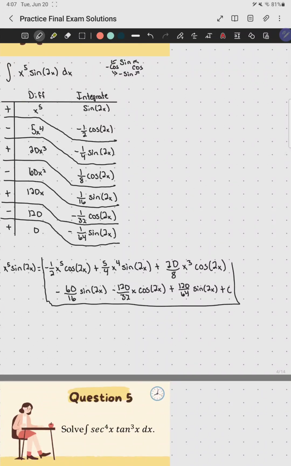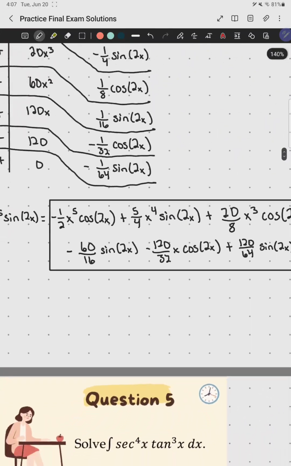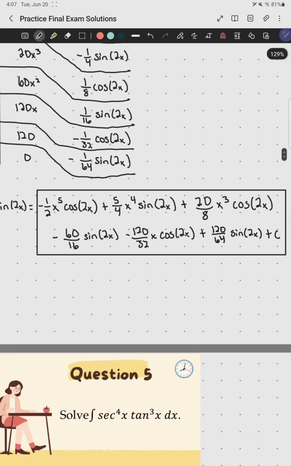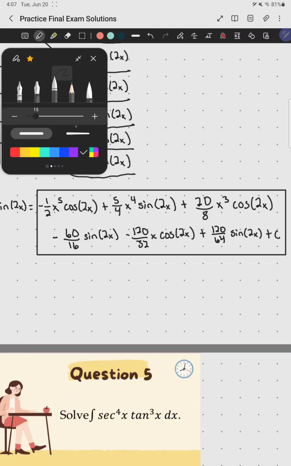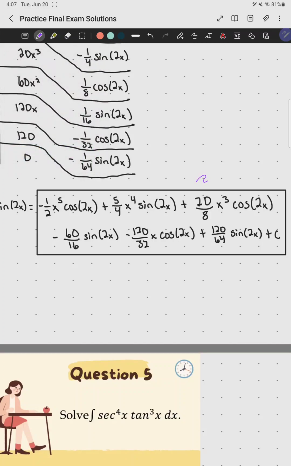Now you can simplify a lot of this. To keep things really simple, you can simplify this one, this one, this one, and this one.